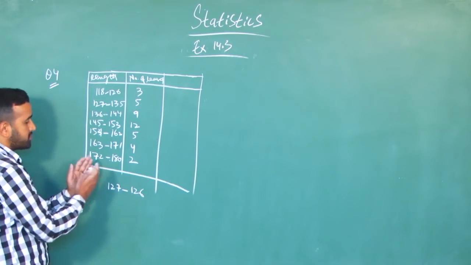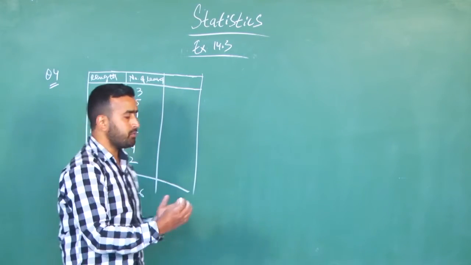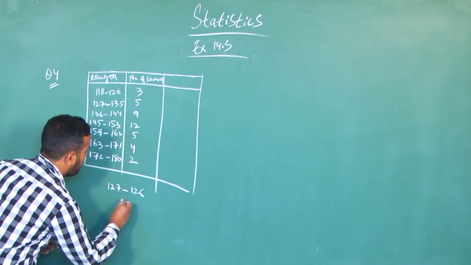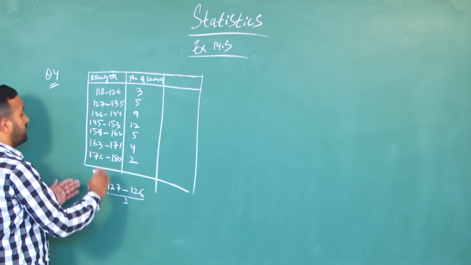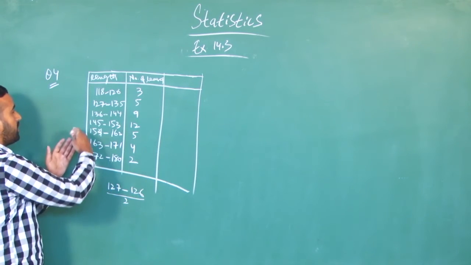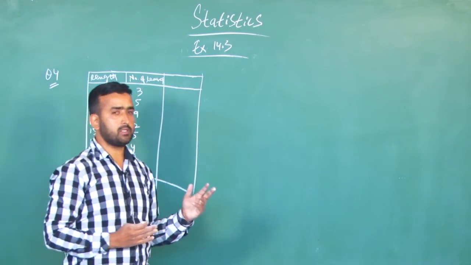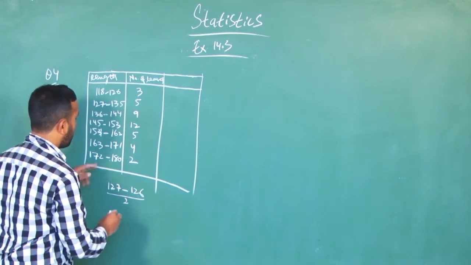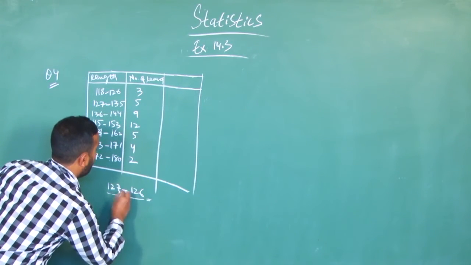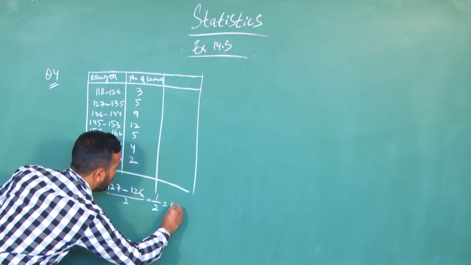So we first find out what the difference is, and divide it by 2. Because the difference between the lower limit of the next class and the upper limit of the previous class has to be divided into the 2 groups so as to make it continuous. How do we do that? It is 127 minus 126 is 1, divided by 2, that is 0.5.